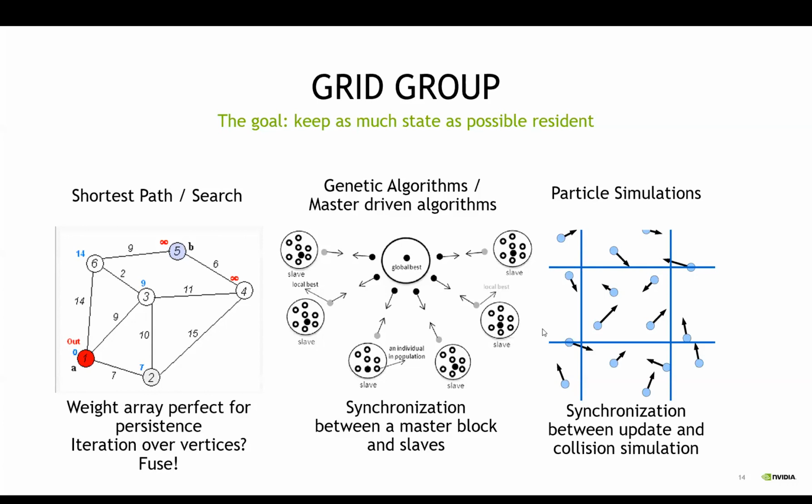Why else might I want a persistent kernel? Well, one of the things that we talk about with kernels is their state. And state is just data, basically. But state can live in different places. And some of the state that a kernel may have associated with it is data that lives in registers or shared memory. Both of these types of storage mechanisms in our memory hierarchy are ephemeral.